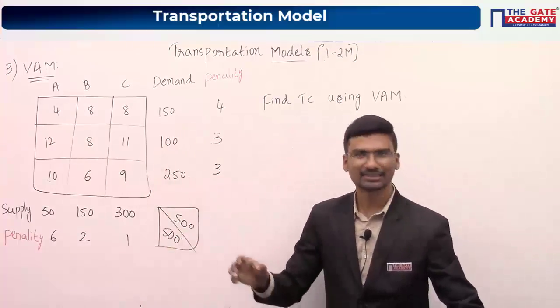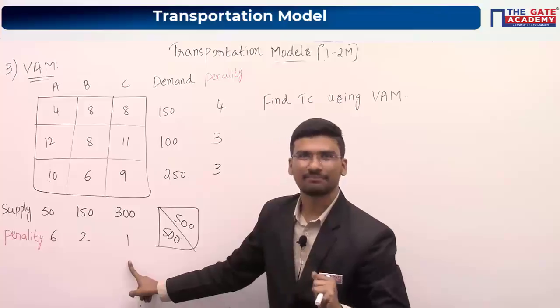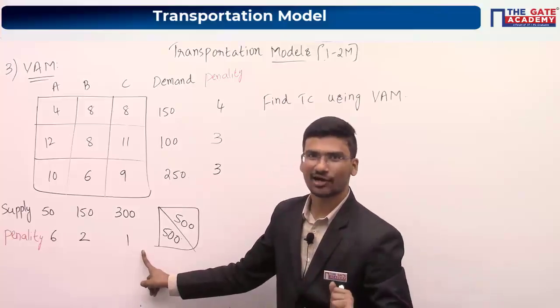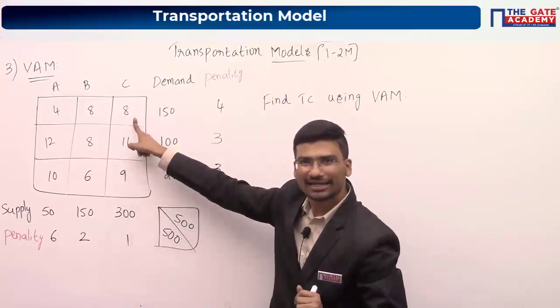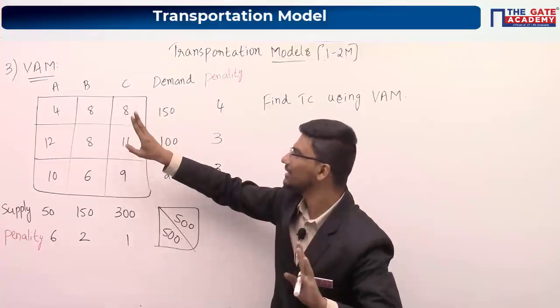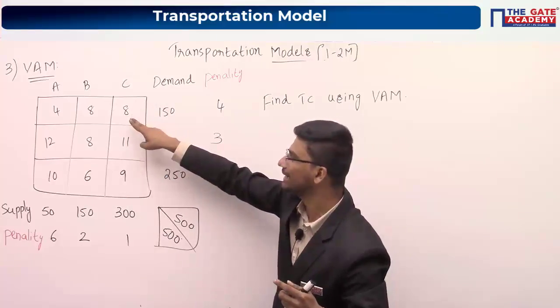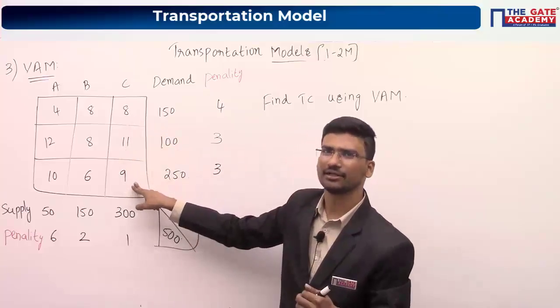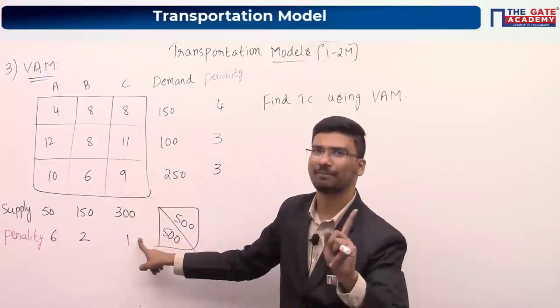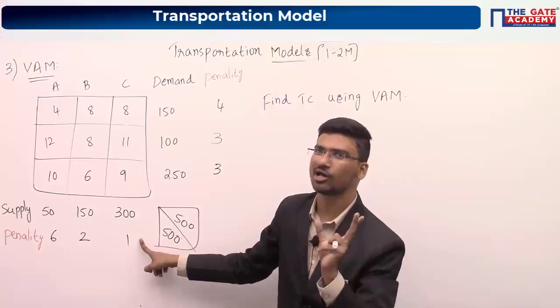See, this is the minimum penalty column. Anurag, this is the minimum penalty column. If you are allocating here, let us say there are some reasons, instead of allocating here, if you are allocating here, you have to pay a penalty of rupees 1 per unit, which is a small amount.